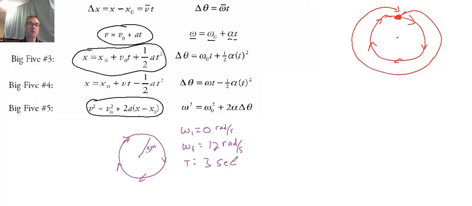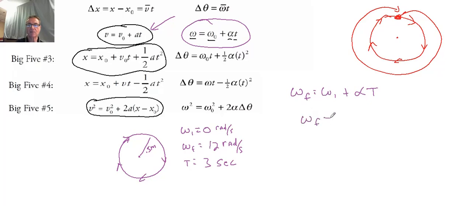Okay, so I would like to know a couple things. One, I'd like to know what my angular acceleration is. To get angular acceleration, I can use this equation up here, v final equals v initial plus a times t. But I'm going to use the counterpart over here: omega final equals omega initial plus alpha t. But I want to solve for alpha. If I subtract omega initial from each side, I get omega final minus omega initial equals alpha t.